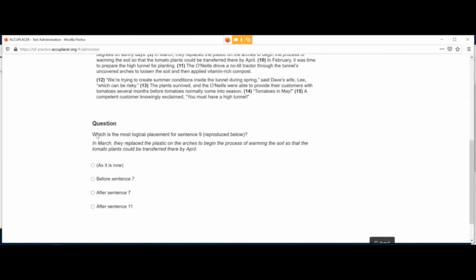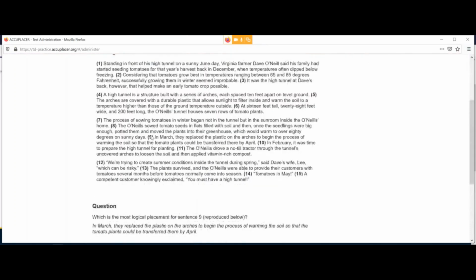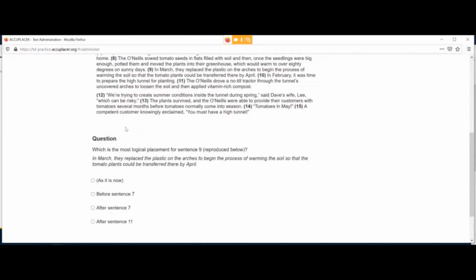And then the question here is, which is the most logical placement for sentence 9? This is question number 8. This is organization and sentence placement again. And the deal here is the order is what we're looking for. In March, they replaced the plastic on the arches to begin the process of warming the soil so that the tomato plants could be transferred there by April.